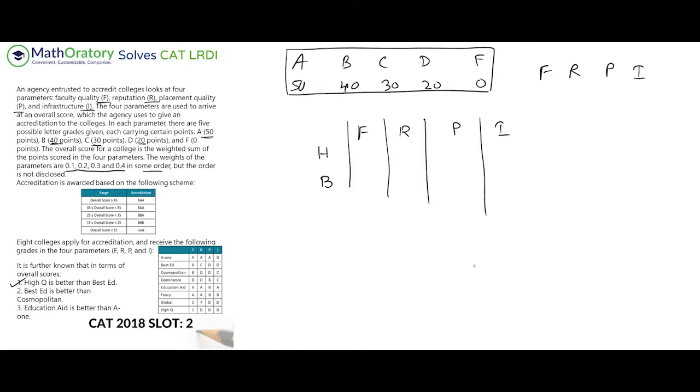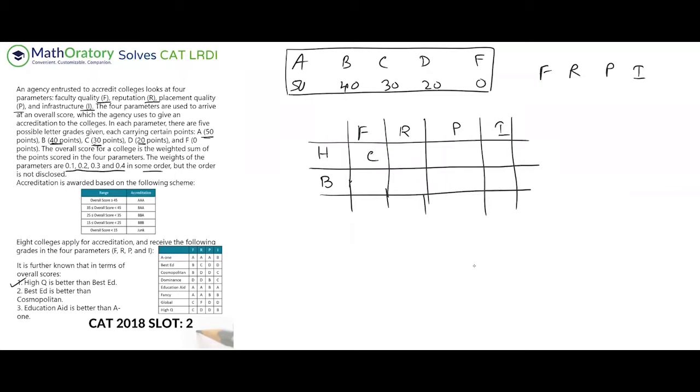I'll write H on top because H is better than B. It will be easy to compare that way. So H has C, D, D, B in order.